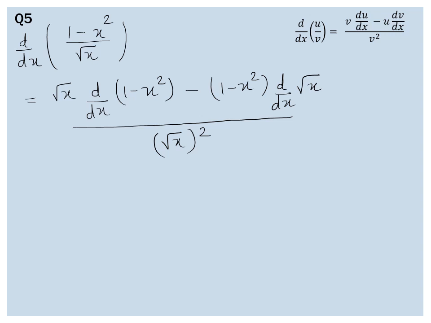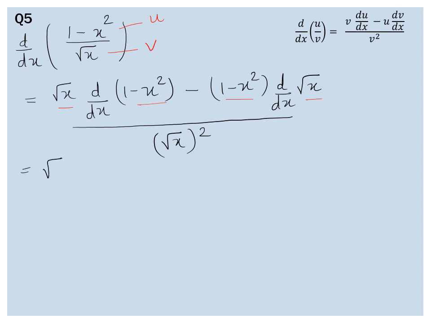In this example again, the numerator is 1 minus x square, that is u, and the denominator is root x, that is v. So v, that is root x, into derivative of u, that is 1 minus x square, minus u, that is 1 minus x square, into derivative of v, root x, upon v square, that is root x whole square.